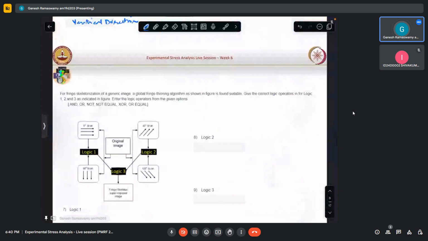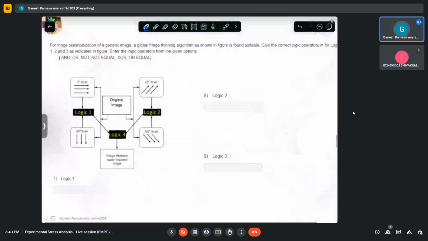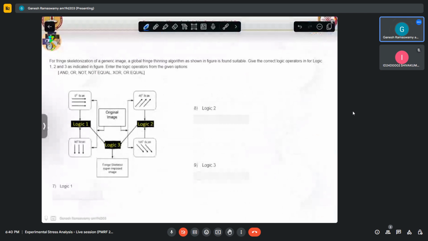Not nice patterns, but it is quite complex. In such a case, there has been a lot of research on how to go about making algorithms using logics and scanning directions, playing around with them, and to find out which is the most appropriate algorithm for having the maximum fringes resolved as skeletons.